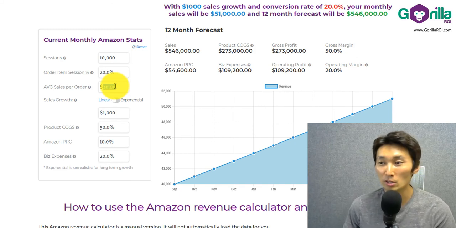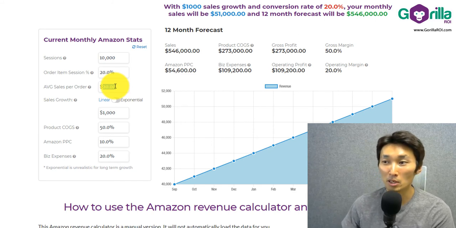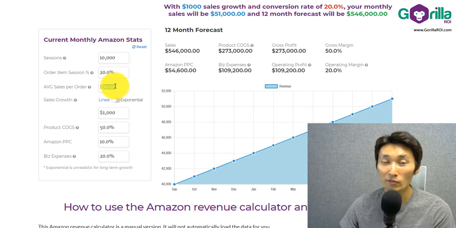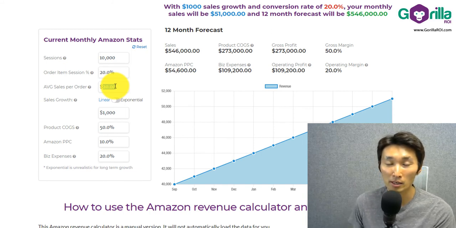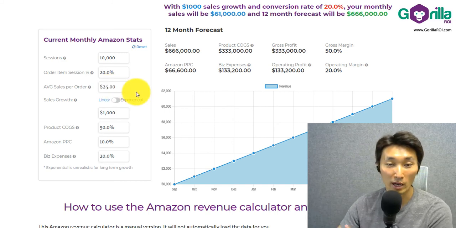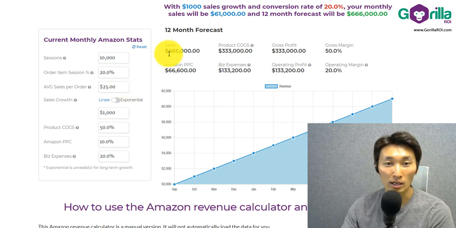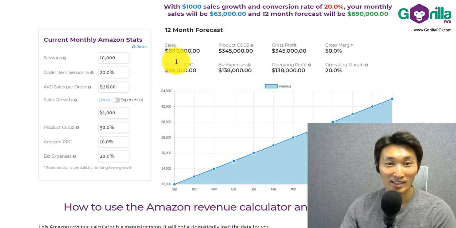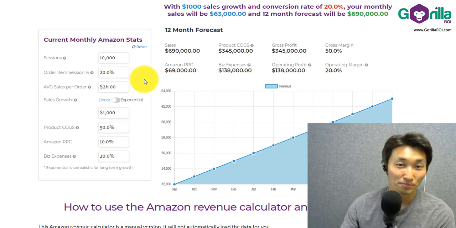So if you have cheap, janky, crappy looking cardboard boxes, you could create a much nicer improvement in the packaging, and that could improve your perceived value by like $5 to $10 versus the competitor. So if it's currently at $20, and you can increase this up to, say, $25, I don't like that number, so let's do 26. Okay, so you're at 690,000.